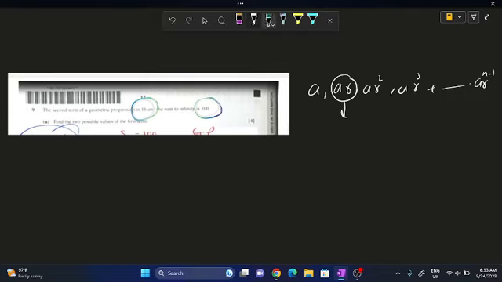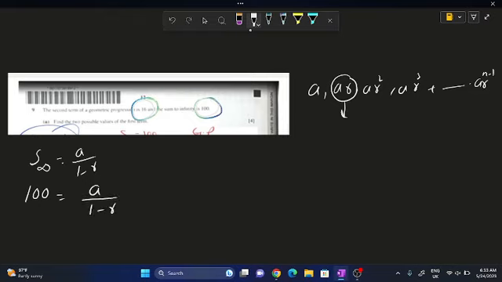So look at the formula for the sum to infinity for a geometric progression. It is S infinity equals a over 1 minus r, right? The sum to infinity is given as 100, so 100 equals a over 1 minus r.